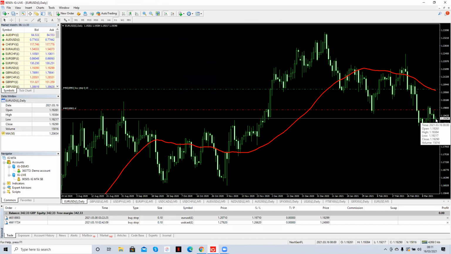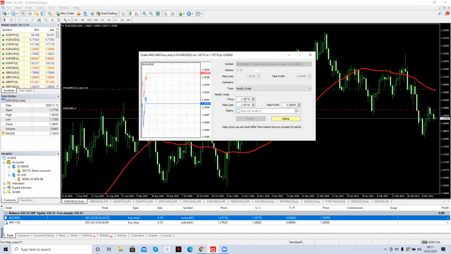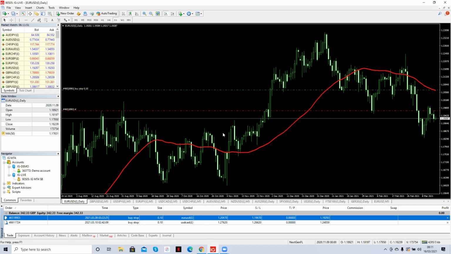So I'll just adjust my pending buy order to 2 pips above that, to 1.2067, and adjust my stop loss to 1.1967, 100 pips. So that's it for the swing trading for the Euro US dollar.